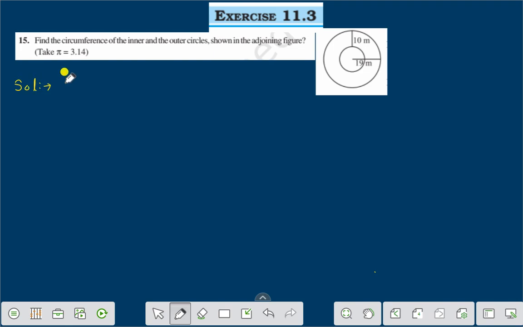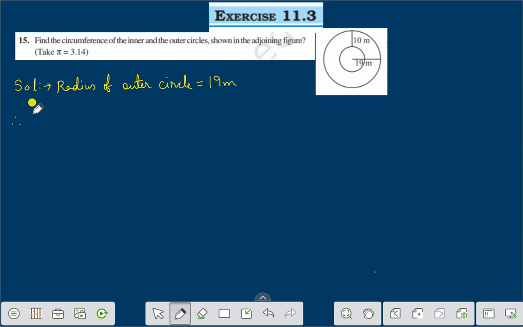Radius of outer circle is equal to, you see the radius is 19 meter, right? Then we will find the circumference.